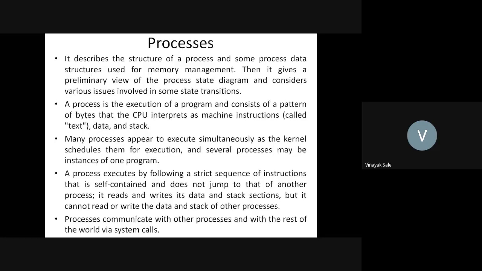It describes the structure of a process, and some process data structures used in memory management. Then it gives a basic view of the process state diagram, and there are various issues involved in some transitions.